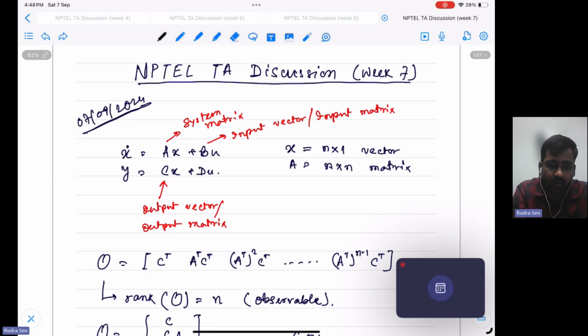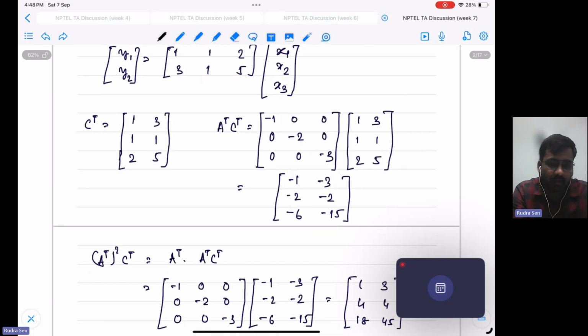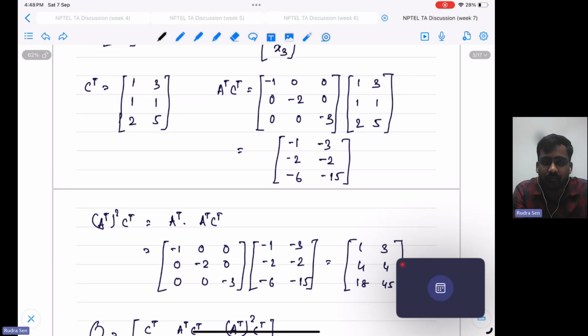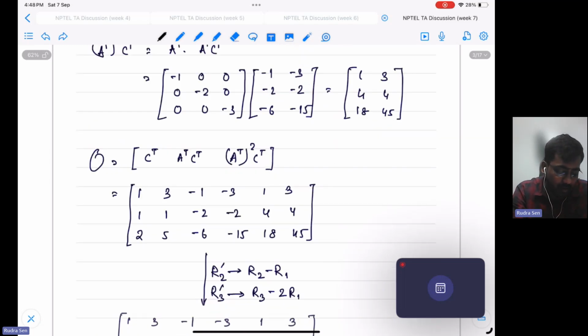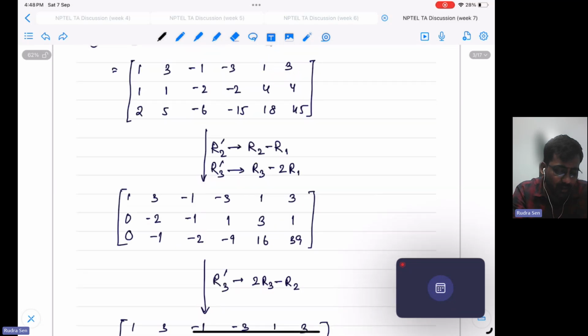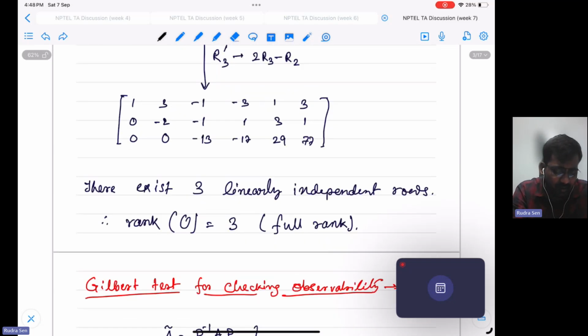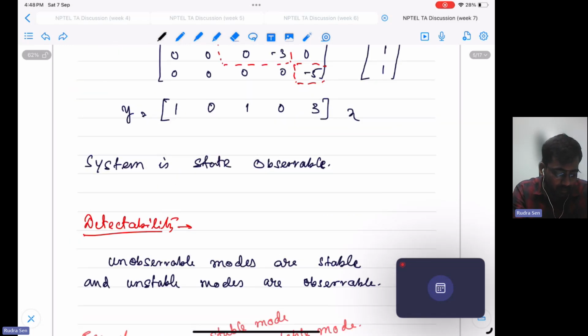And how to check this observability? We have seen the Kalman method. We have seen the Gilbert's test, and we have studied the weaker notion of observability, which is called detectability. We also studied the row elimination method, which we also studied previously as well. So there is nothing new to mention.